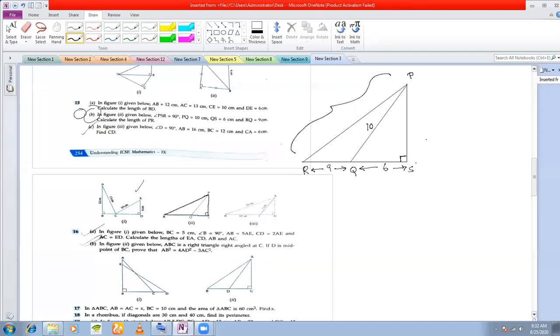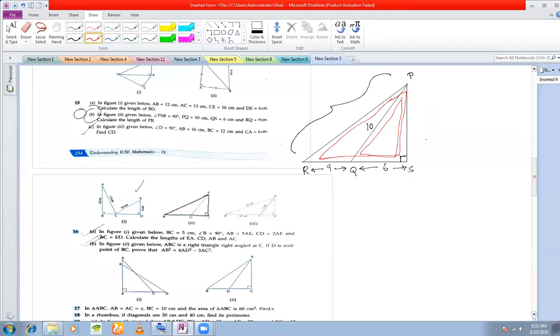Now in this figure, you can see two right angle triangles, right? You can see this right angle triangle PQS, and you can see the bigger right angle triangle. These two right angle triangles you can see.